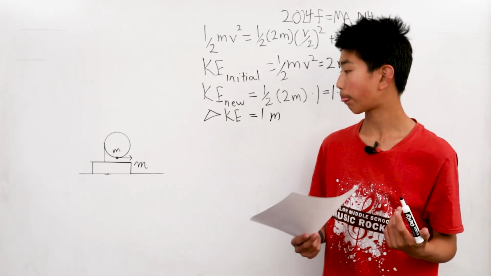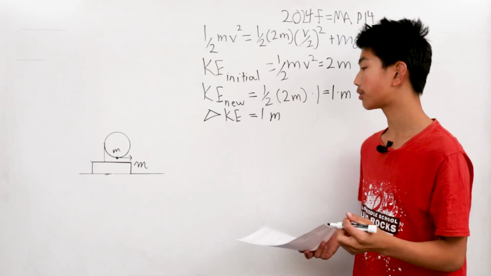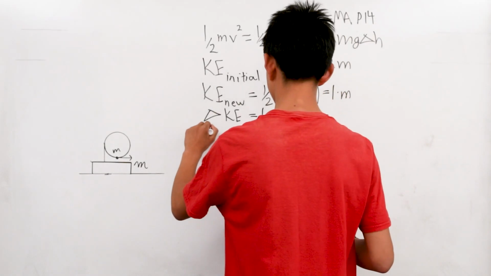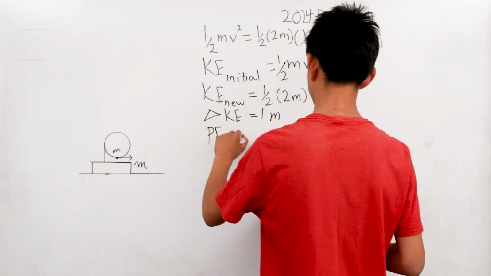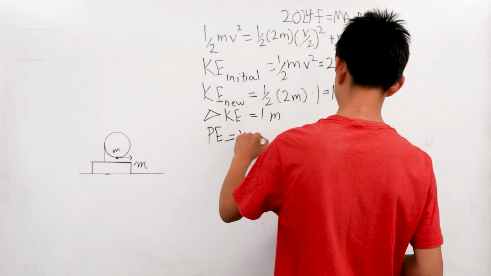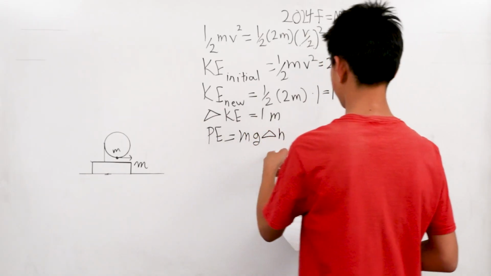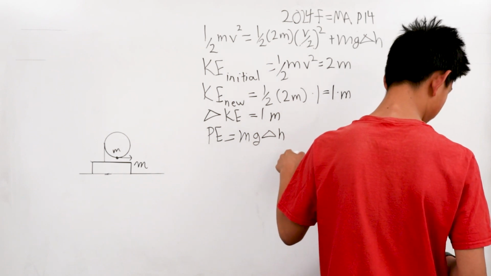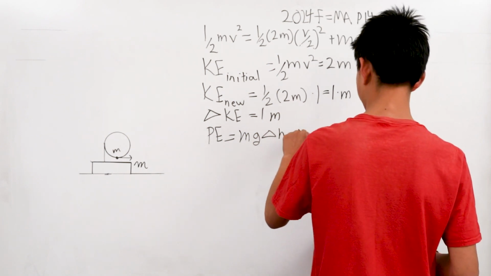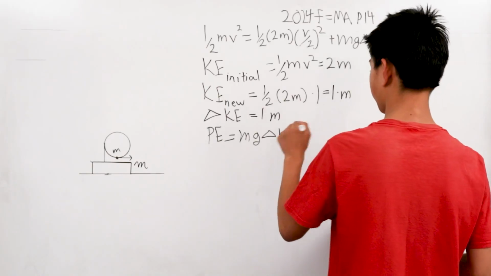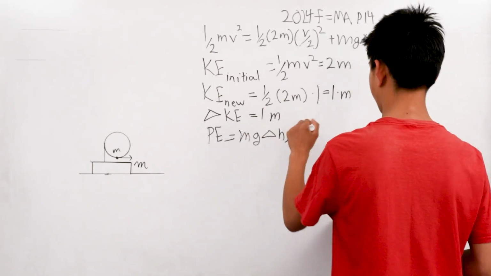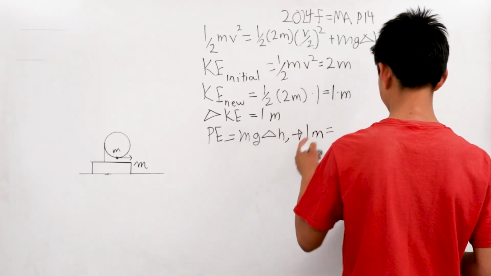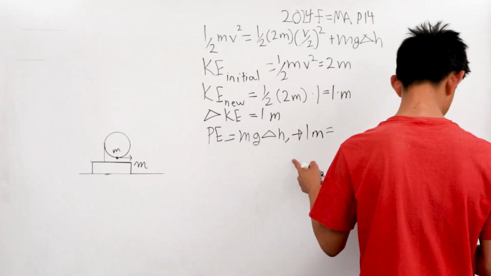So we have that. Now we can use the potential energy equation, where potential energy is equal to mg delta h. Our delta h is what we want to find. So 1m is equal to m times g times delta h.